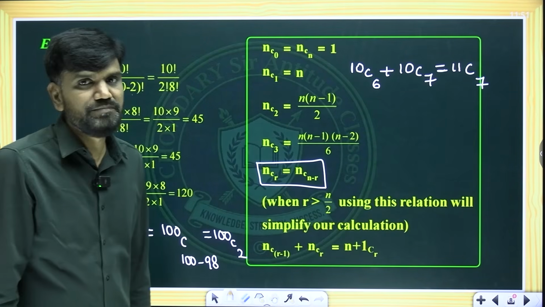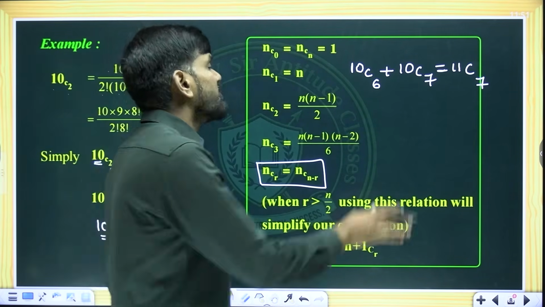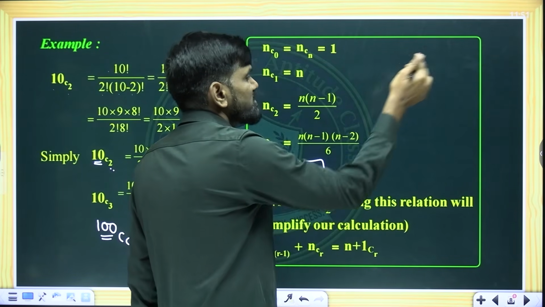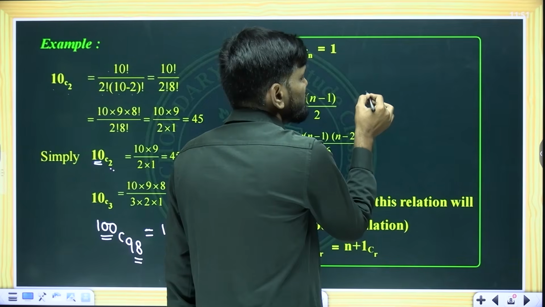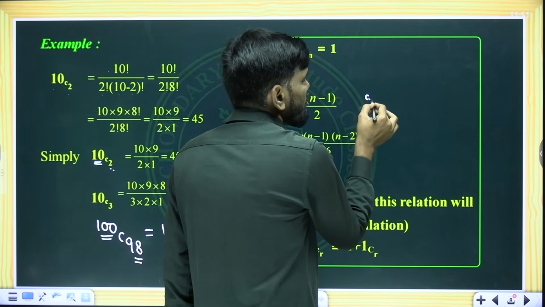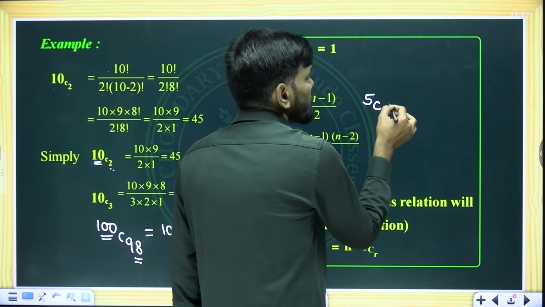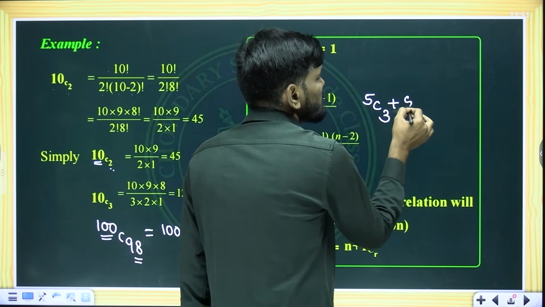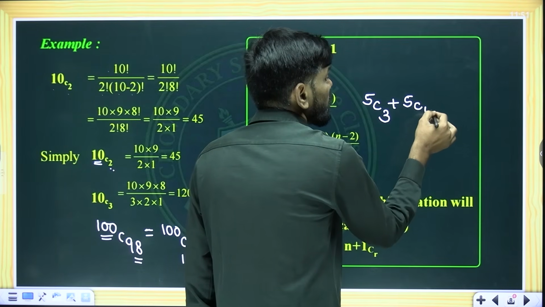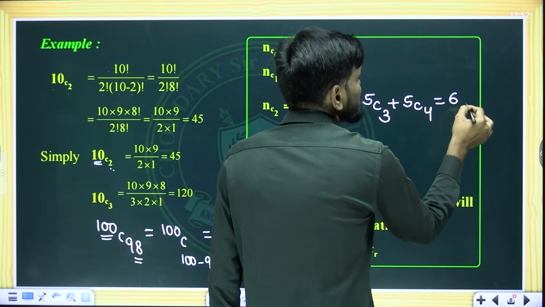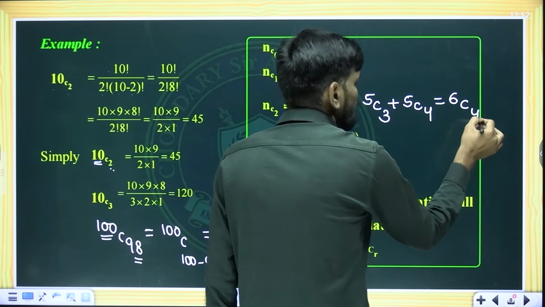To make it simpler, since you might find it difficult to calculate that one, I'll take simple numbers. 5C3 plus 5C4 is equal to (n plus 1)Cr, that is 6C4.